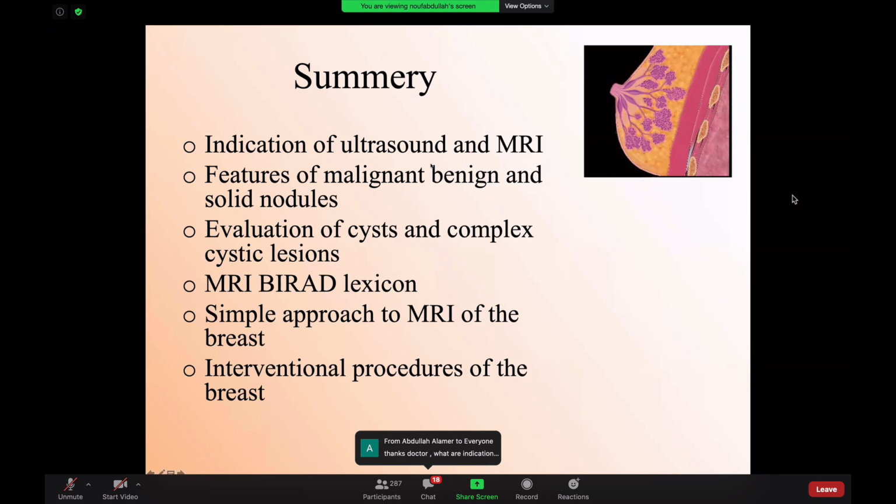The next question, what is the next step for a pathologically proven fibroadenoma? Do you still follow it up at least yearly? Usually, if it's a fibroadenoma post-biopsy, I would follow it up for 2 years. Like I would do 1 year and 1 year until I complete 2 years, and that's it. I would downgrade it to bi-rads 2.